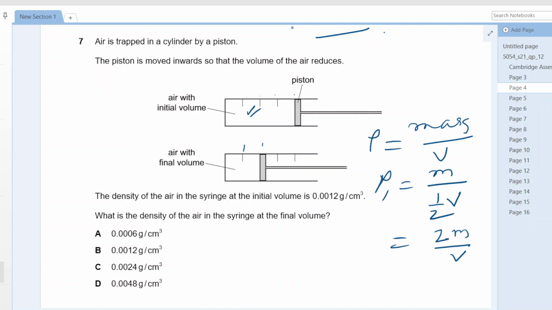This is 2 rho, and rho is the density for the initial volume, which is 0.0012 gram per cm cube. Therefore, the density would be doubled, and the answer is C. Now 7C.